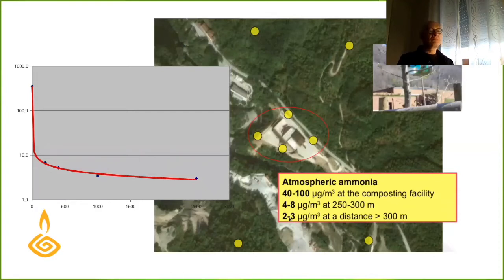And at a distance higher than 300 meters, levels were at the background, 2, 3 maximum micrograms per cubic meter. This is the graph showing the decrease of the ammonia concentration that we measured by this passive Radiello sampler.